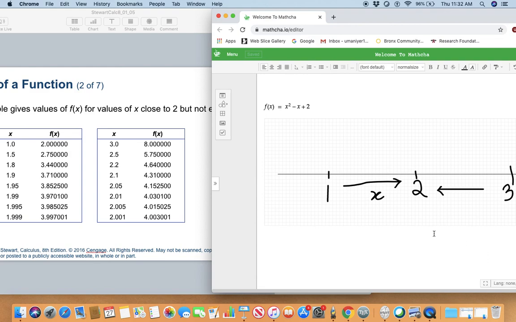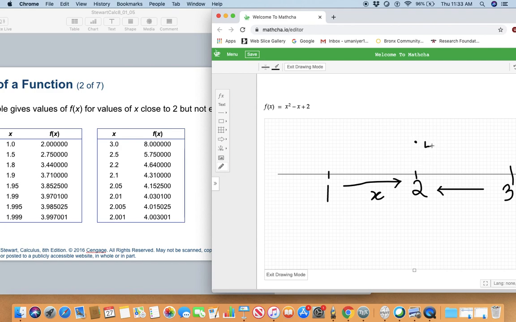So what's happening is, if you can imagine the picture, possibly for 2, the value is going to be 4. That is, the height is going to be 4, it seems.